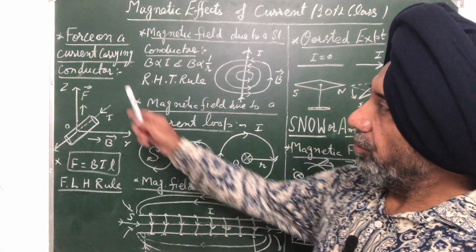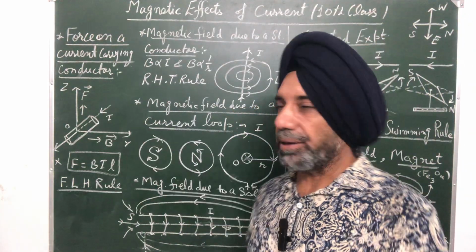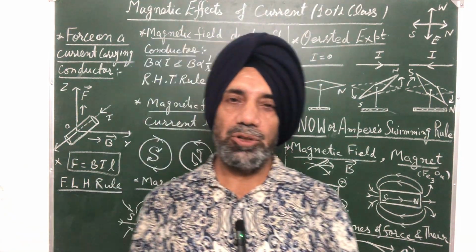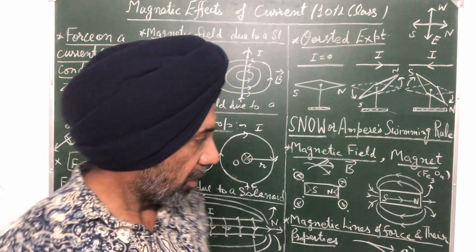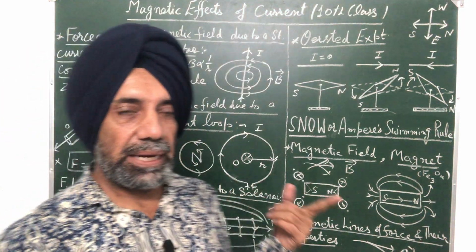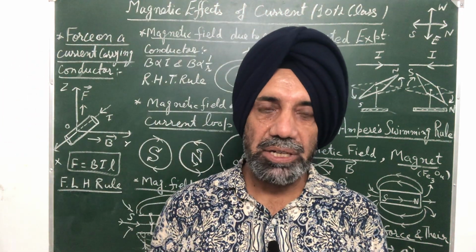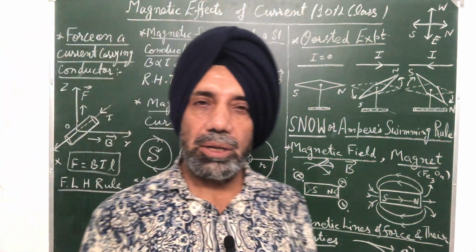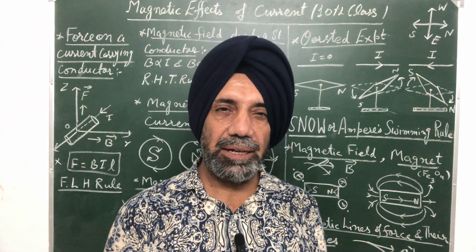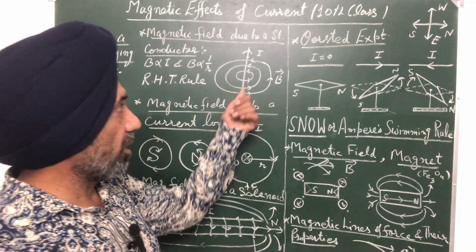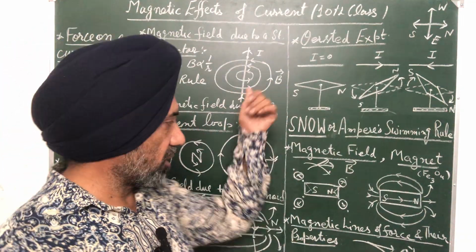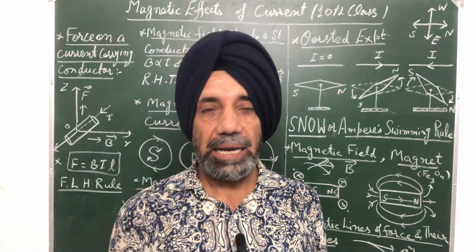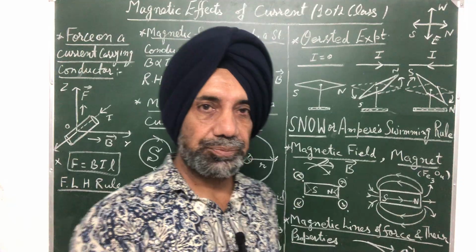Then, force on a current carrying conductor. Now we have proved a wire carrying current produces a magnetic field around it. We have calculated the magnetic field due to a straight wire carrying current, and due to a current loop at its center, and how we can know the direction of the magnetic field due to a straight wire as well as a current loop, which is given by the right hand thumb rule.